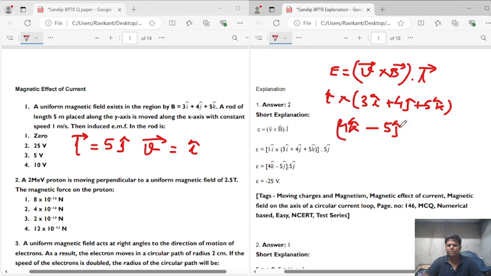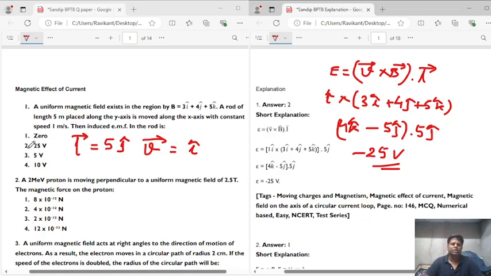So this is v cross b. Now dot L. L vector is 5j cap. So k dot j is 0 and j dot j is 1. So from here we get minus 25 volt, right? So the induced EMF will be 25 volts.